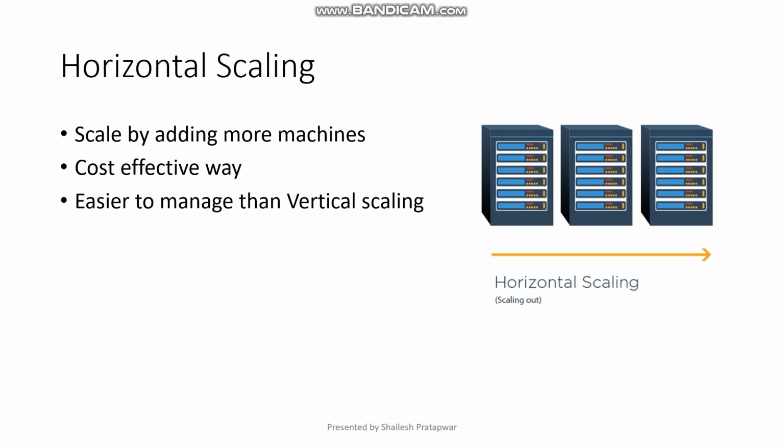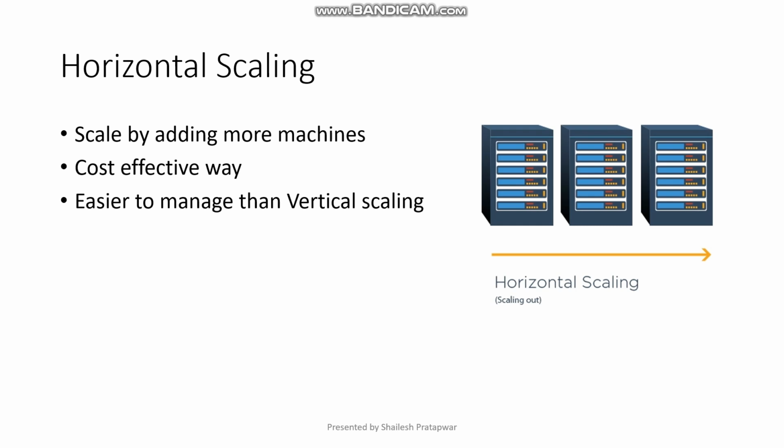What you will do is put up machines of similar configuration and put all these machines under a load balancer. The load balancer will take care of distributing your traffic equally across your machine's cluster. So this is called horizontal scaling.